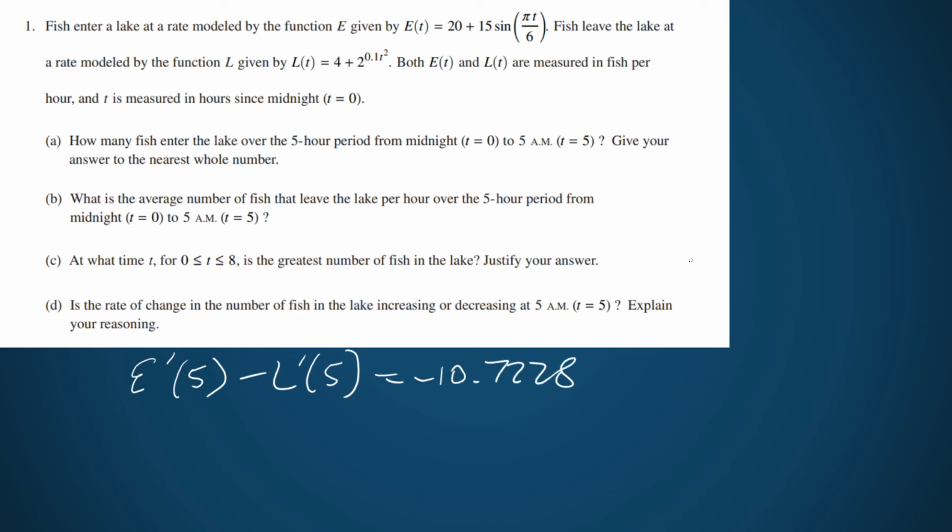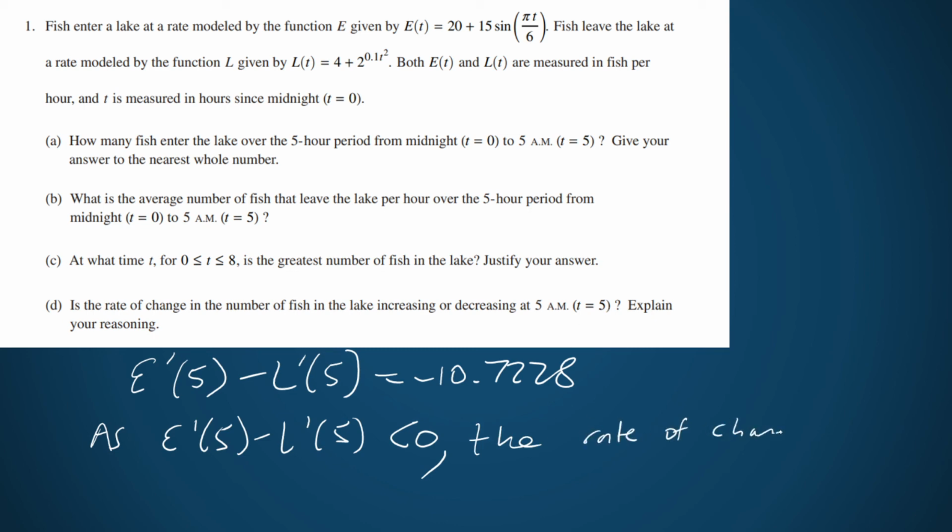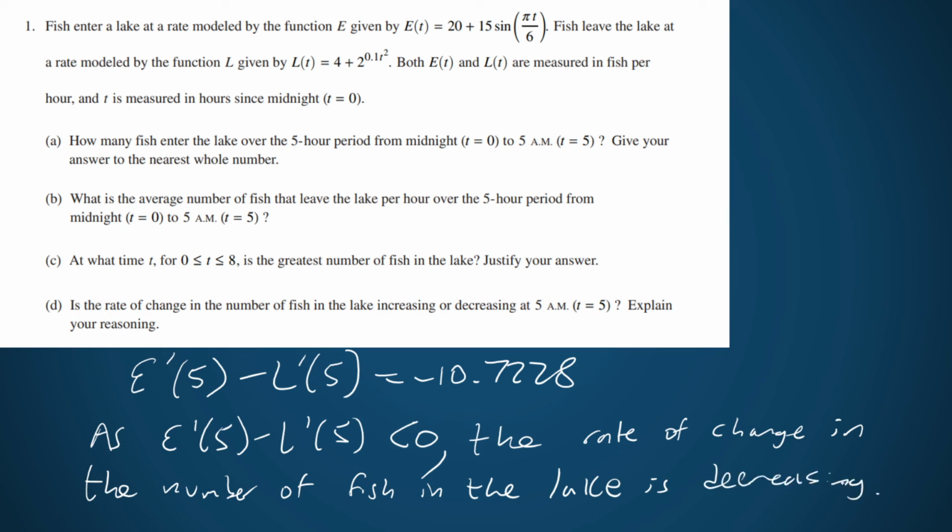Okay, now what? It's decreasing because it's a negative number. Okay. As E prime 5 minus L prime 5 is less than 0, the rate of change in the number of fish in the lake is decreasing. Okay, awesome. Oh, at t equals 5.